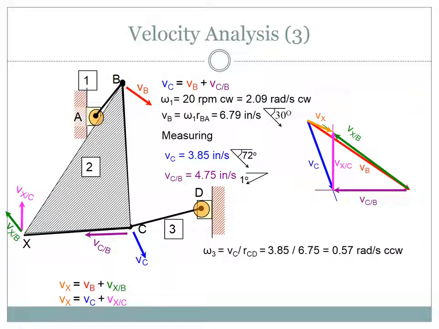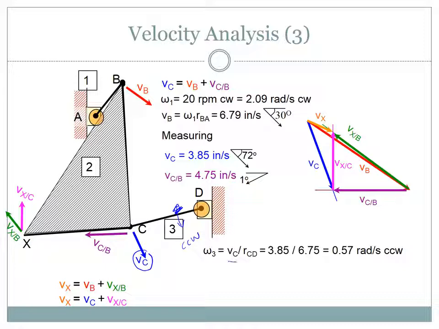So then what is omega 3? It will be Vc over RCD. The angular velocity here is either counterclockwise or clockwise, but in this case, since Vc is in this direction, it will be counterclockwise, CCW.